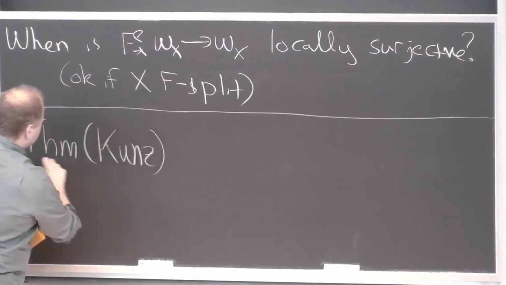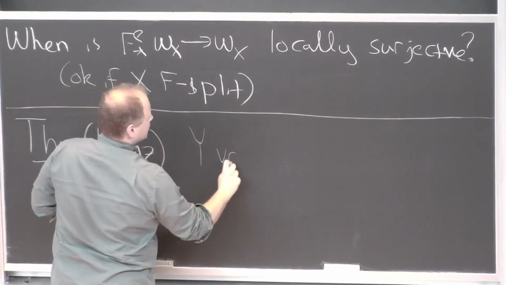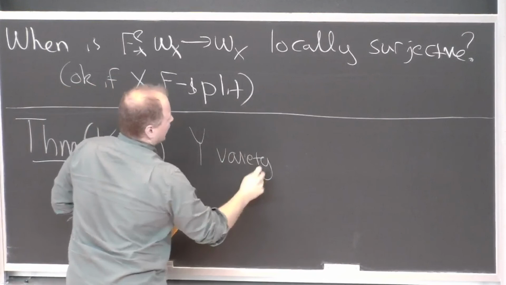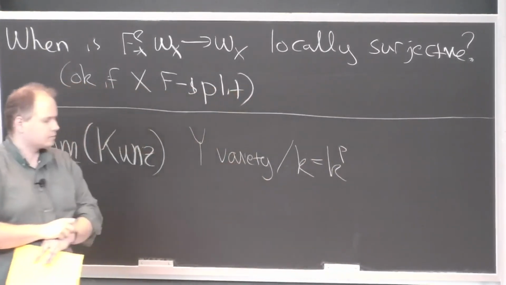I think many of you probably know this. Let's say Y is a variety over K, and I'm going to assume K is perfect.